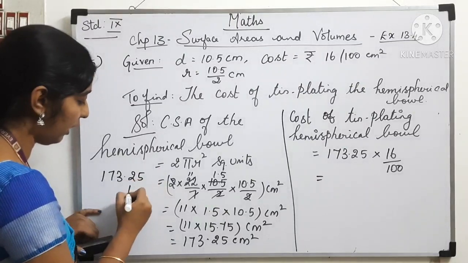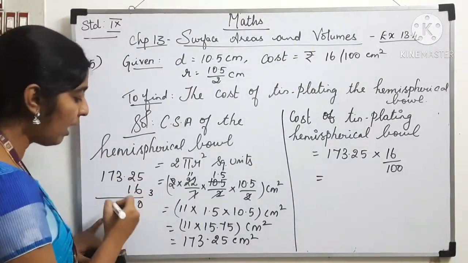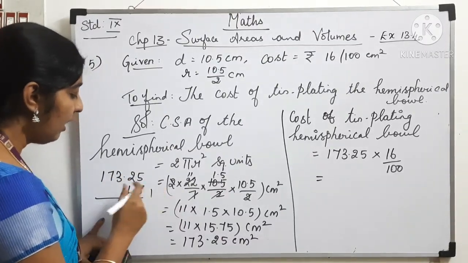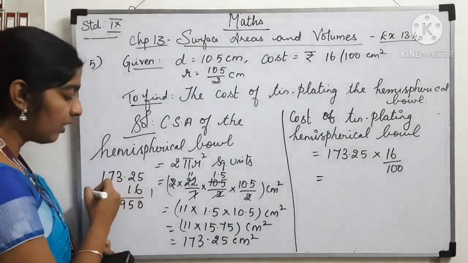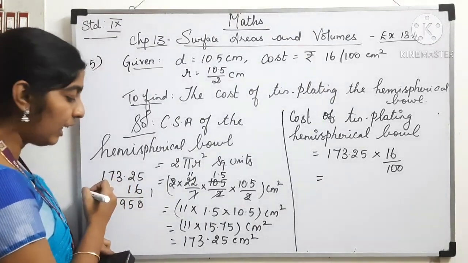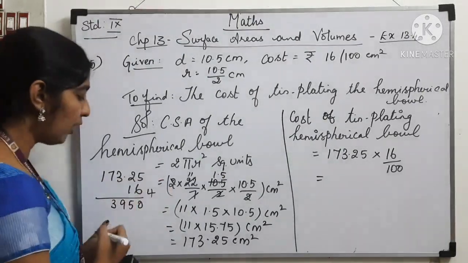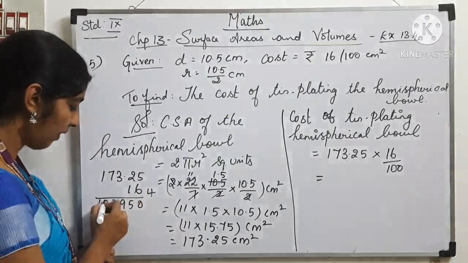173.25 into 16, 6 5s are 30, 3 carry over, 6 2s are 12, 12 plus 3 15, 1 carry over, 6 3s are 18, 18 plus 1 19, again 1 carry over, 6 7s are 42, 42 plus 1 43, now 4 carry over, 6 1s are 6 plus 4 10.